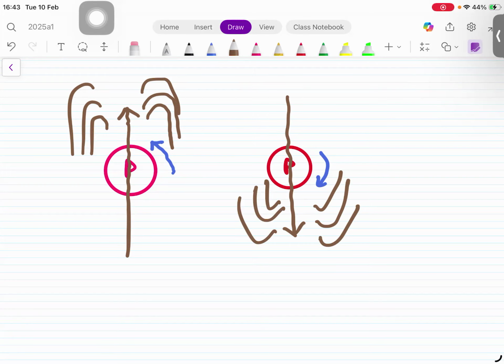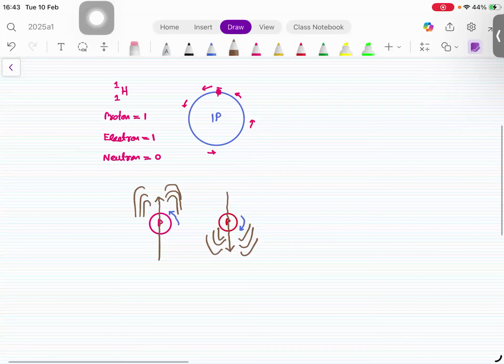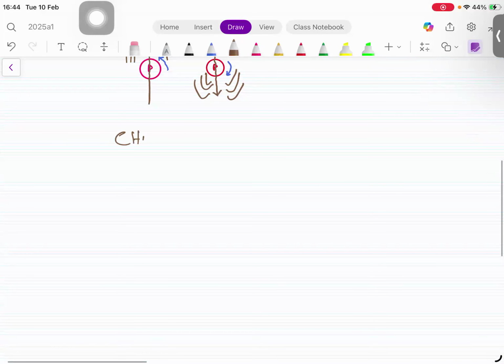In other words, the hydrogen nucleus, or hydrogen as an atom, is like a tiny magnet. So from here on, we are going to believe that any hydrogen in any organic compound is like a tiny magnet bar. Let's say methane has 4 hydrogens.